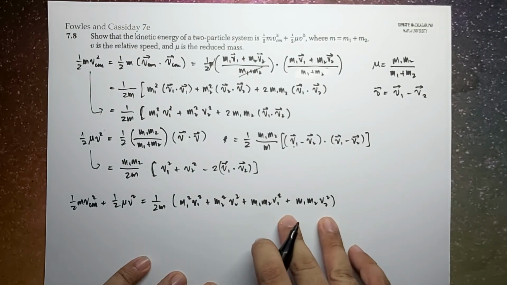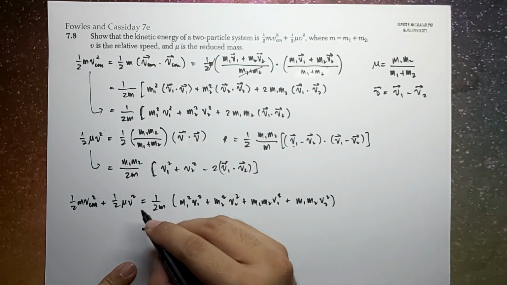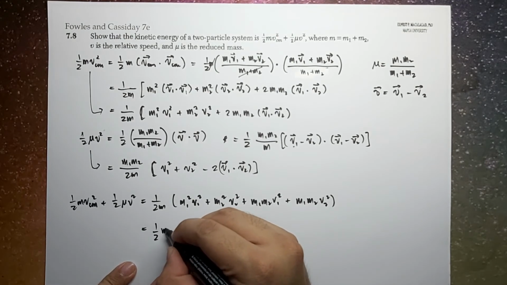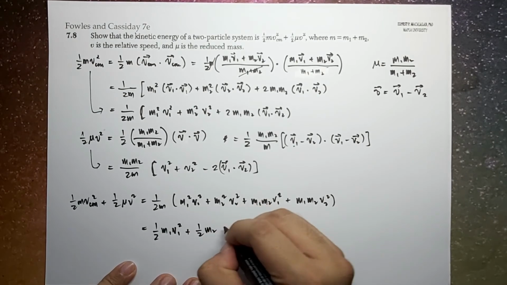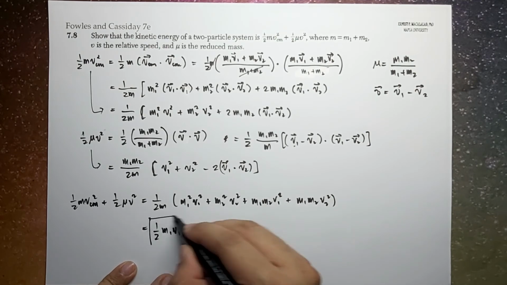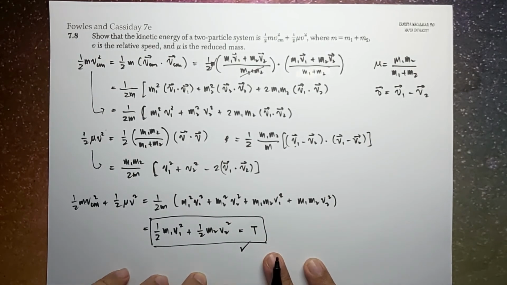And then just using a little bit of algebra, we end up with 1/2 m1 v1 squared plus 1/2 m2 v2 squared, which is the total kinetic energy of this two-particle system.